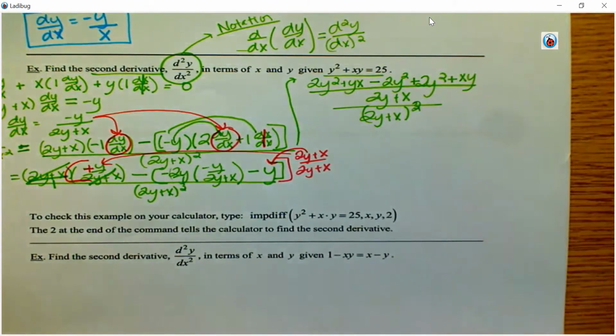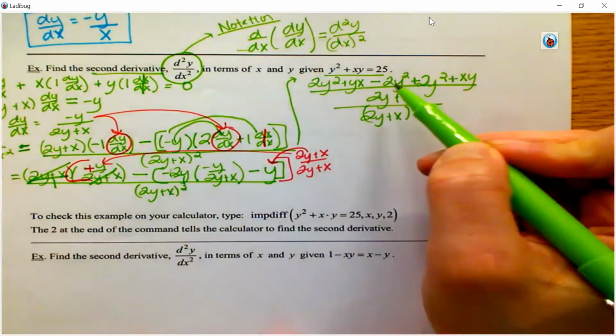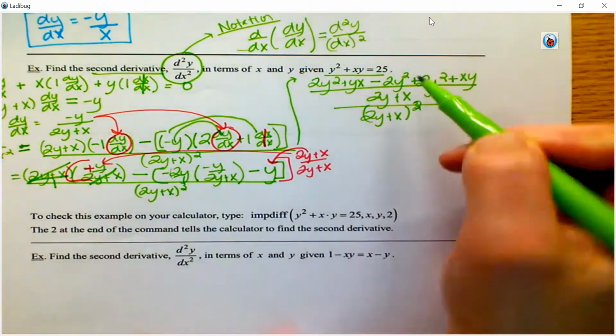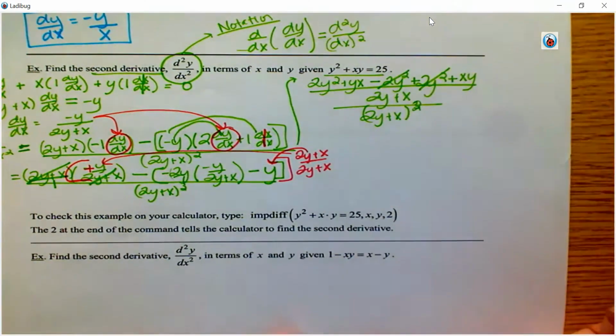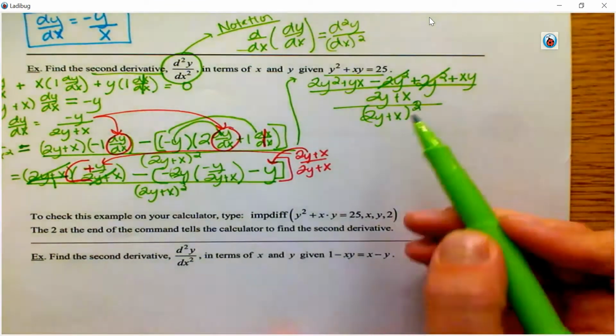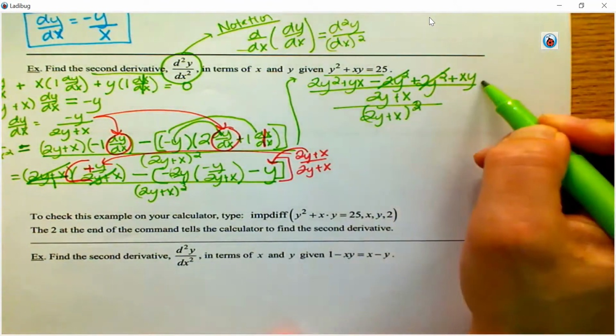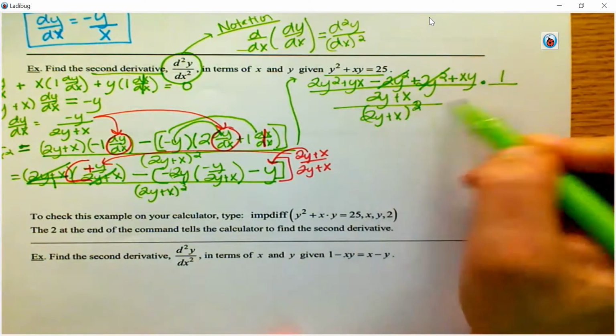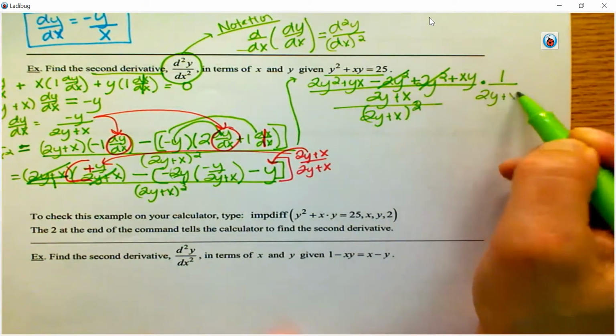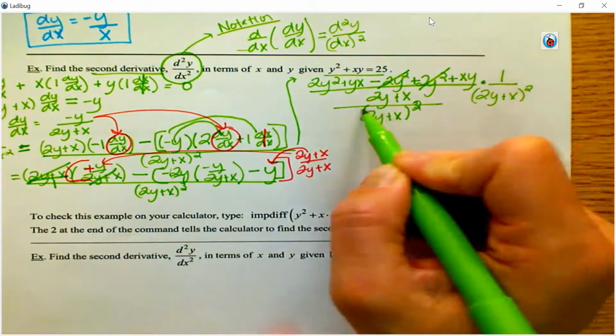I can tell. Okay. We can simplify this a little bit. So I've got a negative 2y squared and a plus 2y squared. So those can go away. And then I'm dividing by a fraction, so I can essentially just multiply by the reciprocal. So I'm going to do that right now. So this reciprocated is 1 over 2y plus x squared.